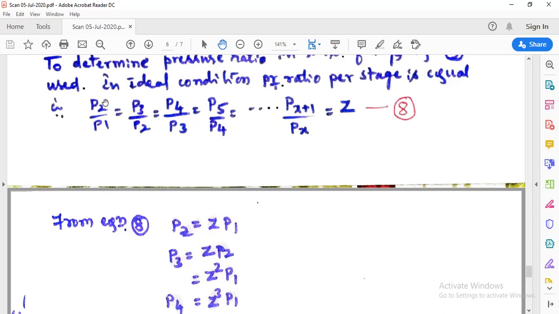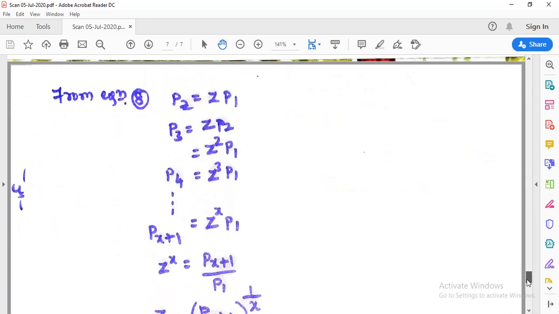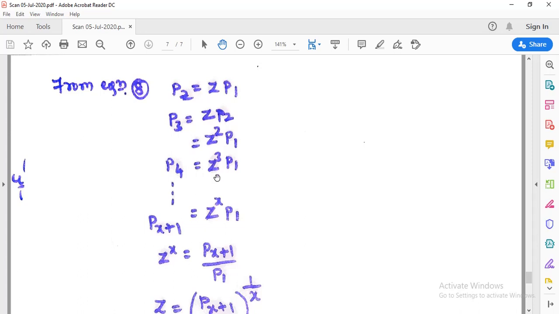P2, the intermediate pressure. We can find the intermediate pressures like this. P2 is equal to Z into P1. So P3 is equal to Z into P2, but P2 is equal to ZP1, hence Z square P1. If you substitute the P2 value, it becomes Z square P1. In a similar manner, P4 is equal to Z cube P1.